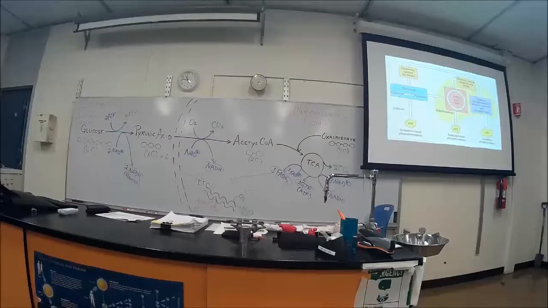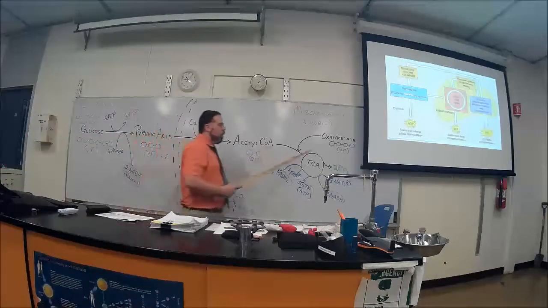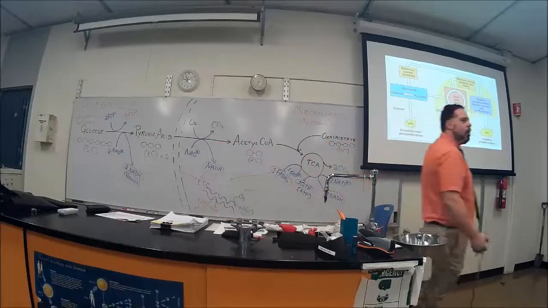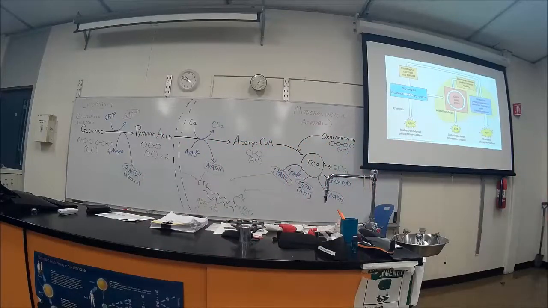You see? Don't memorize. Understand where they're coming from. I can ask questions like, if I had 3 rounds of acetyl-CoAs coming in here, how many carbon dioxides are made? 6.